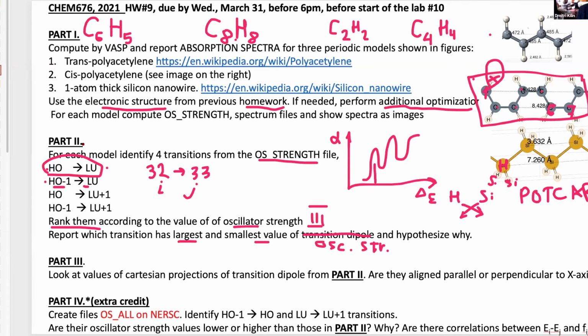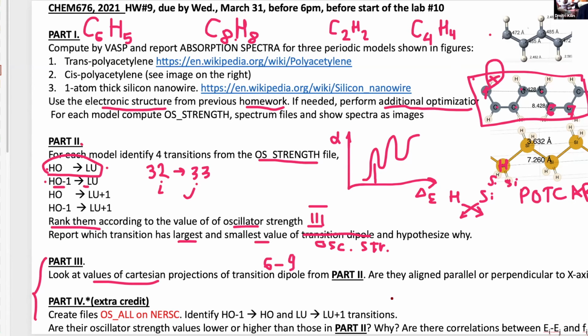So this one is probably not challenging. I'm absolutely confident in your strengths to do it, but it takes a little time and concentration, repeated 3 times for each model. And then the remaining are more like extra credit, but if you have energy, you can try. So look at the values of the Cartesian projections of the transition dipole, which are the last 3 columns, 6, 8, 9.